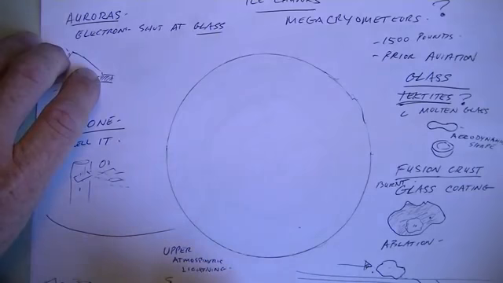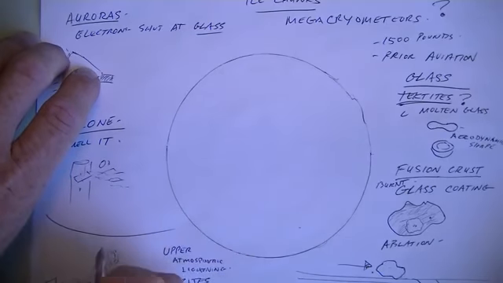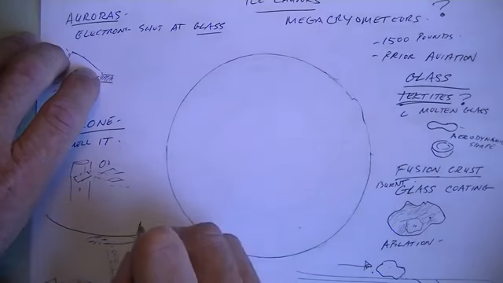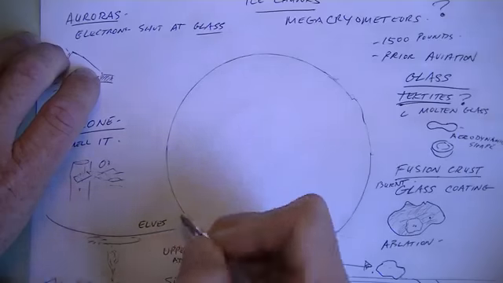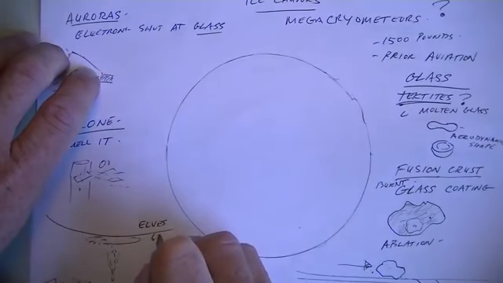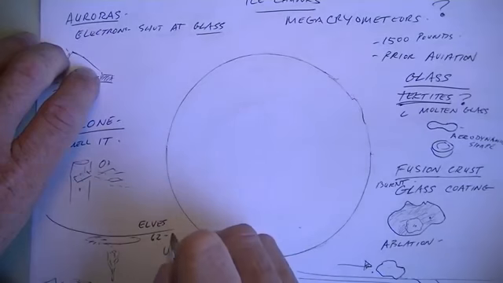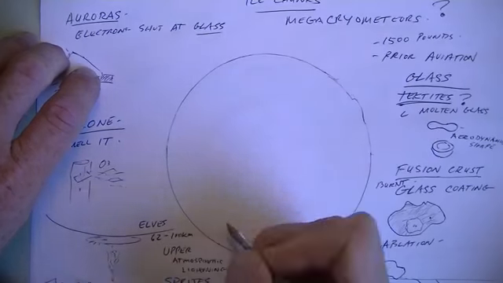They call those sprites. It's kind of like a funnel shape, but it has a top to the sprites. Basically, it gives off this disc-like plasma discharge, and they call those elves. And the altitude of the elves is 62 miles high, or 100 kilometers.